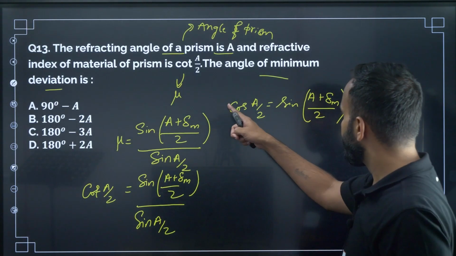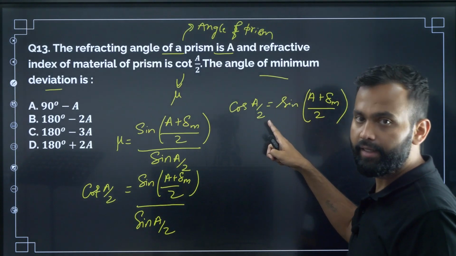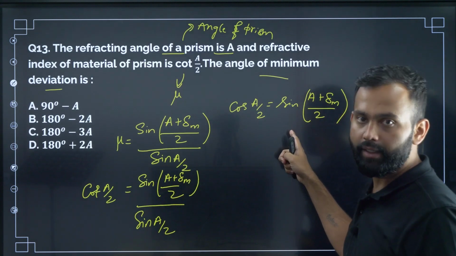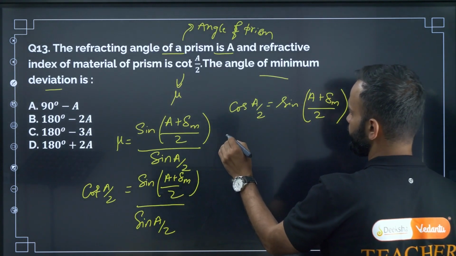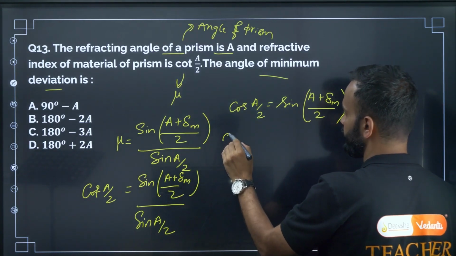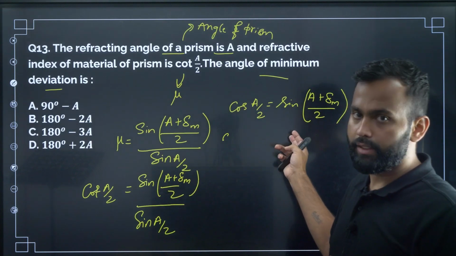Now I can write cos in terms of sine. Sorry, here sine of (90 minus theta) is cos theta.